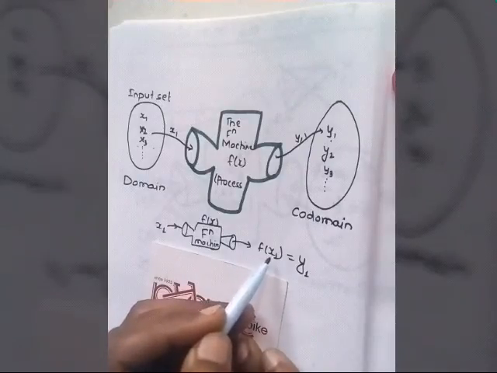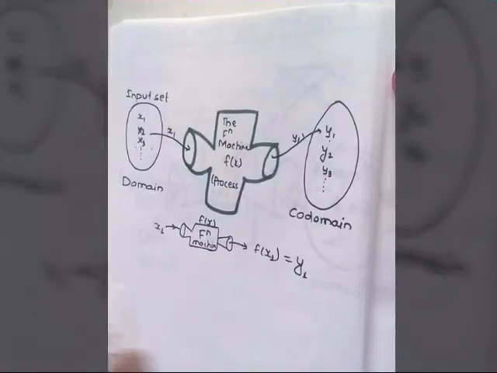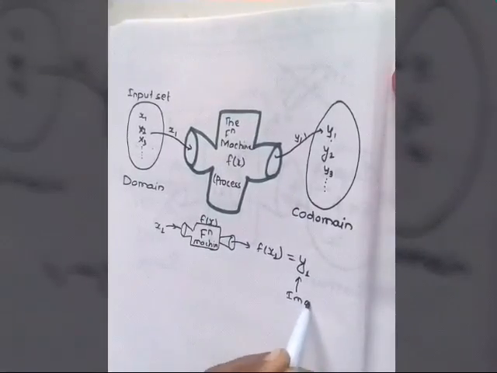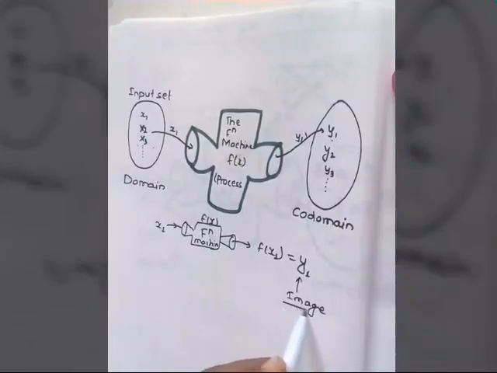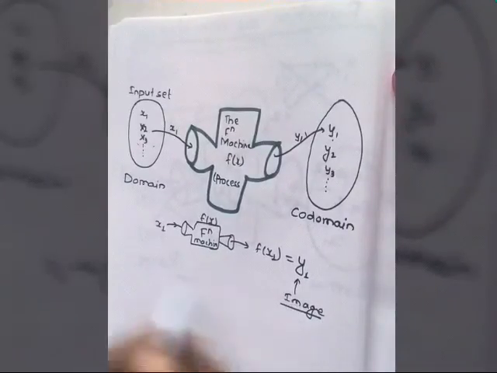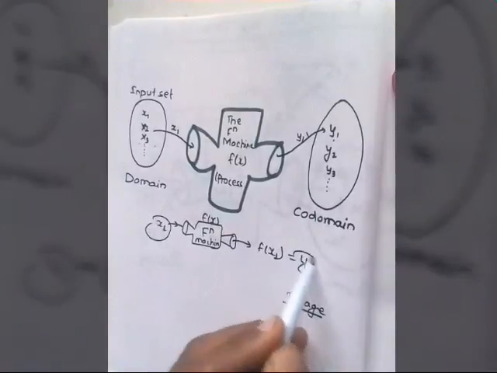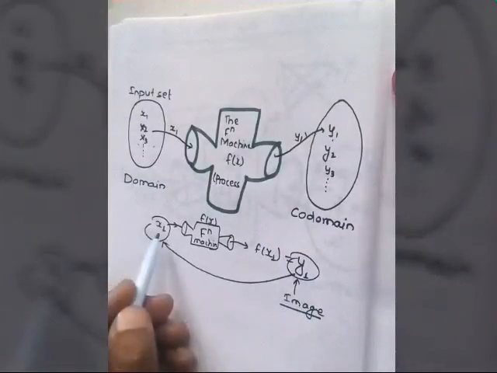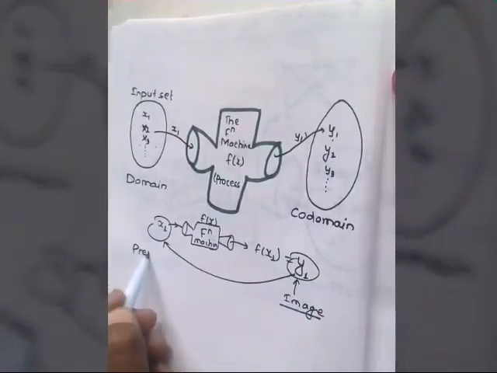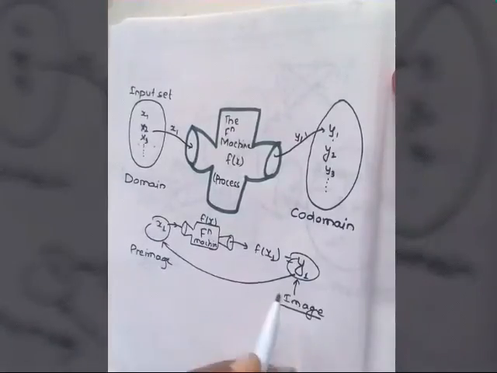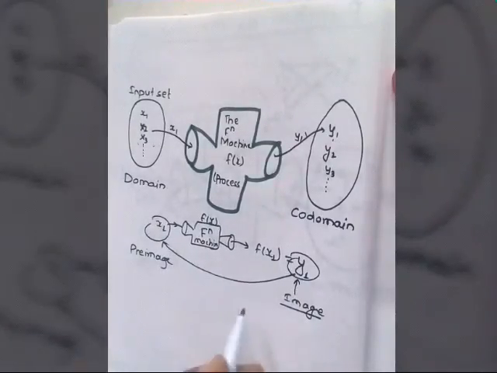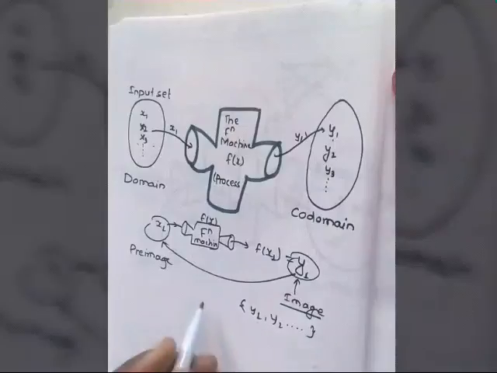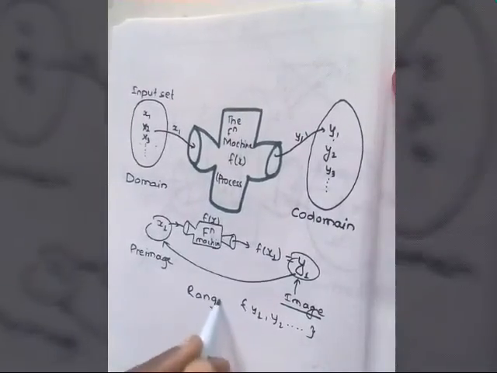This f of x1 we call y1. Here y1 is called the image, and since y1 is the image, x1, which is connected to it, is called the pre-image. Now the next thing, the set of images y1, y2 and so on, we call the range.